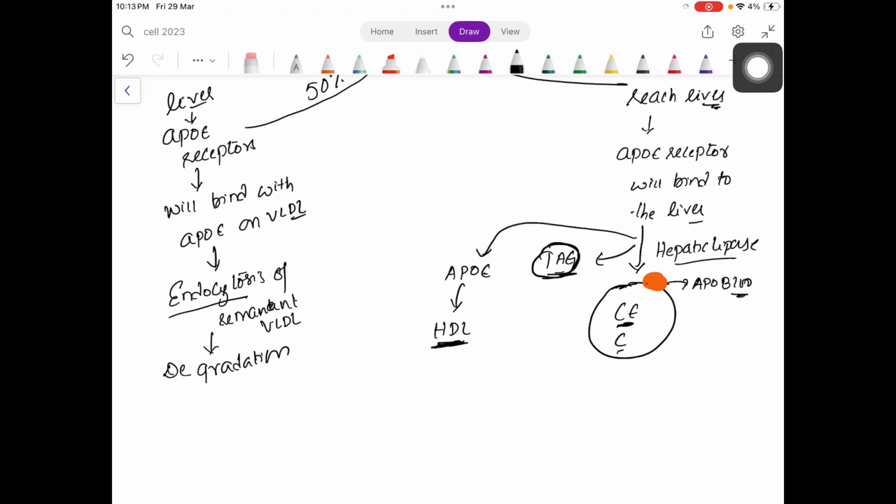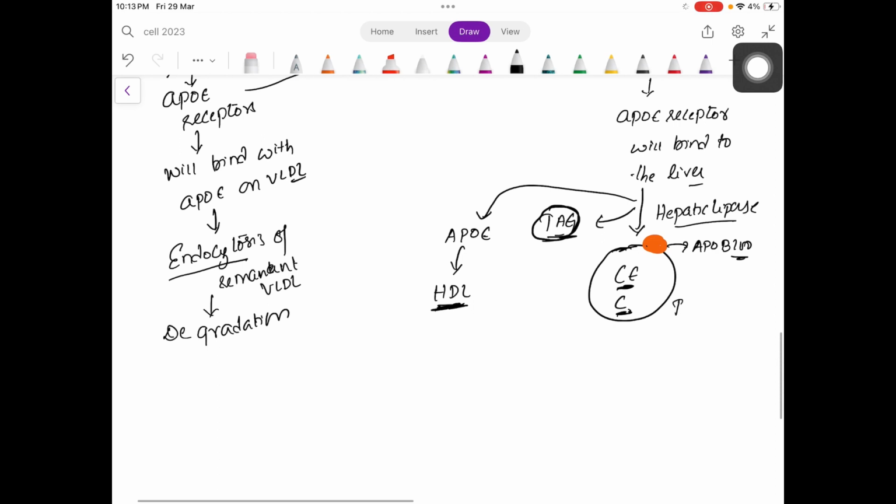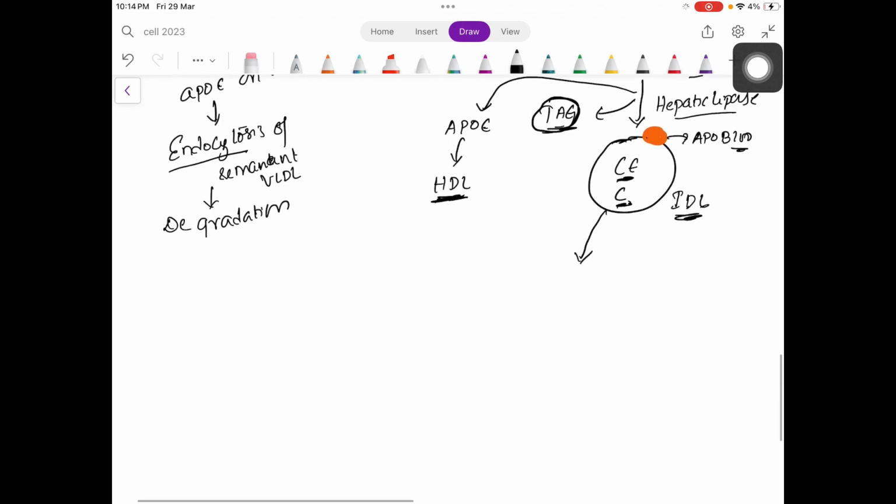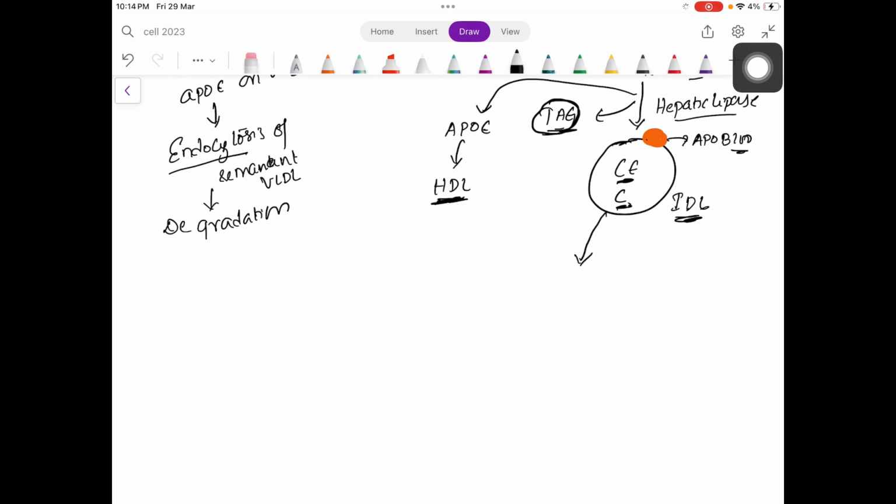And only cholesterol ester and cholesterol is present in this molecule, and this molecule is first called intermediate density lipoprotein, and this intermediate density lipoprotein is converted into a final product called LDL.